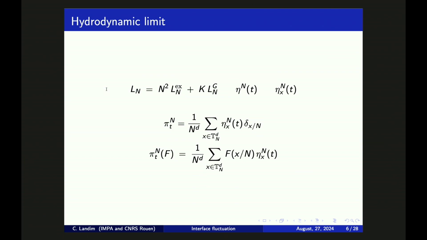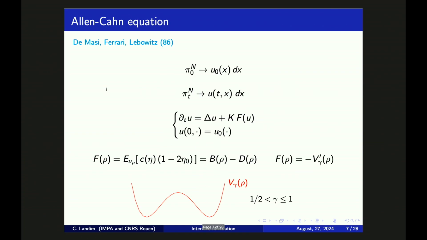So I will represent by <pi^n, f> the integral of f with respect to this random measure. Okay. So this model was introduced in '86 by De Masi, Ferrari, and Presutti, and Lebowitz, sorry. And what they proved is that if you assume that your initial measure at time 0 converges to some measure which is absolutely continuous with a certain density u_0, then at later time t, you converge to the solution of this reaction diffusion equation.